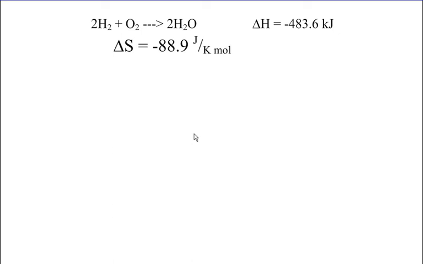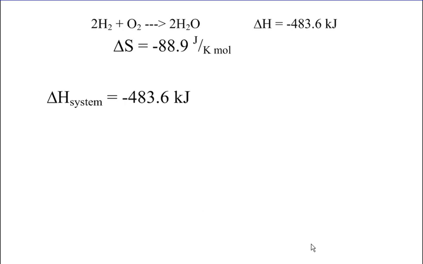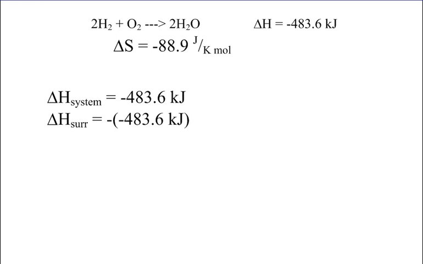So first, let's figure out the delta S for the surroundings. Well, if delta H for the system is negative 483 kilojoules, the first law of thermodynamics states that that energy must be transferred from the system to the surroundings. So the positive value of this would be the delta H of the surroundings.